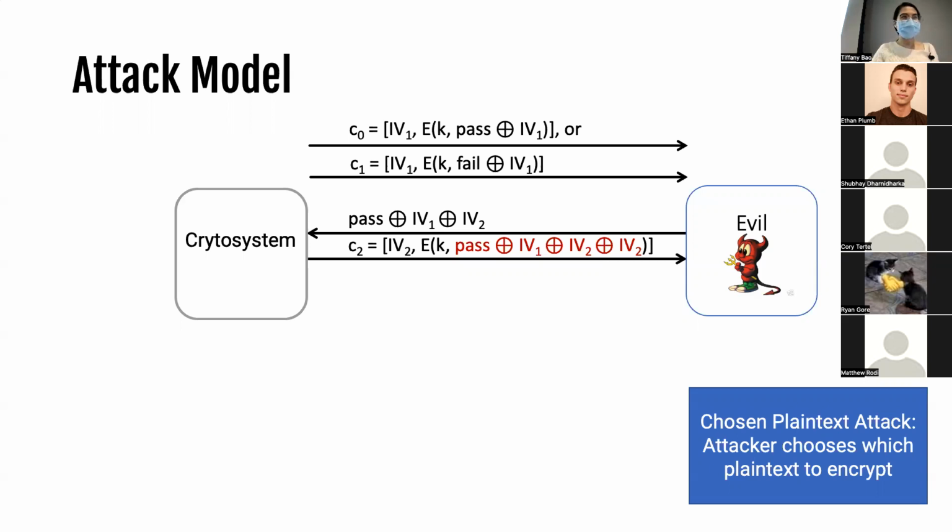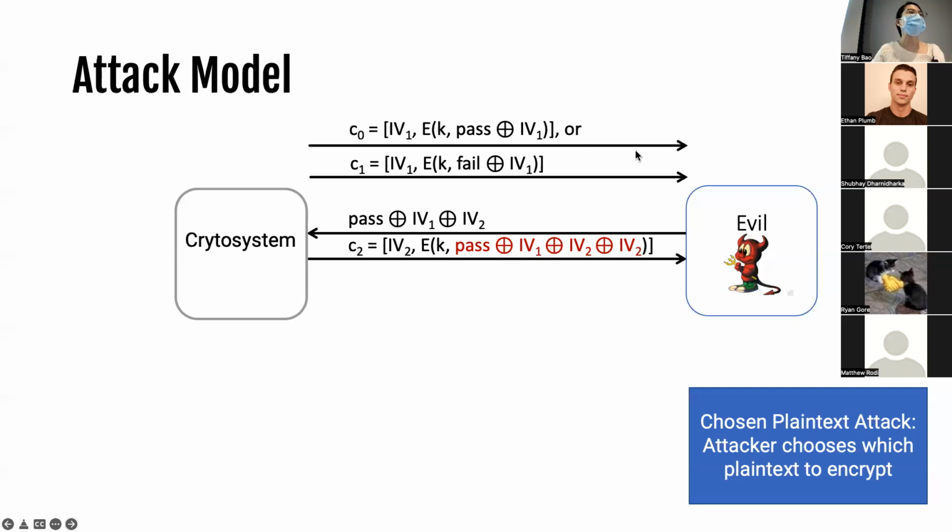Then, very interestingly, we have this new plaintext that is exactly the same as the previous plaintext. Once the crypto system encrypts it, you will get IV2 along with this entire encrypted message, which should be identical to one of the previous messages, right?